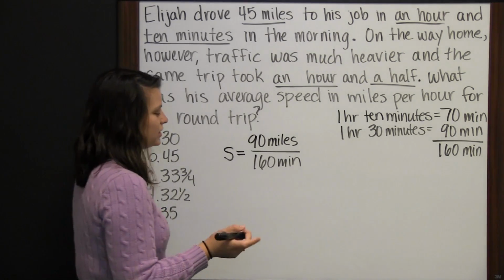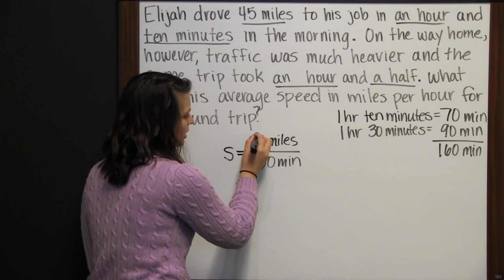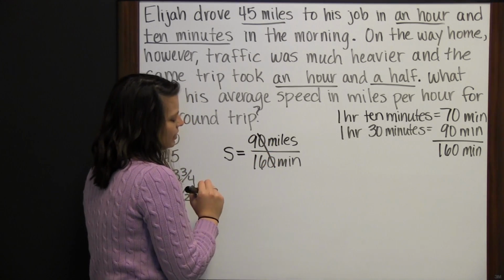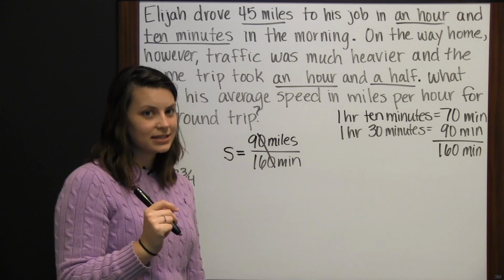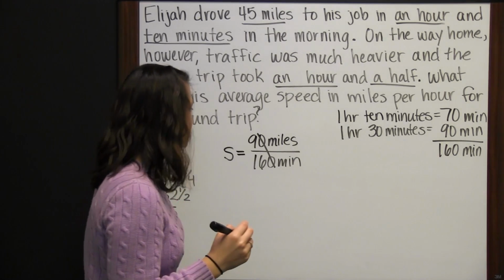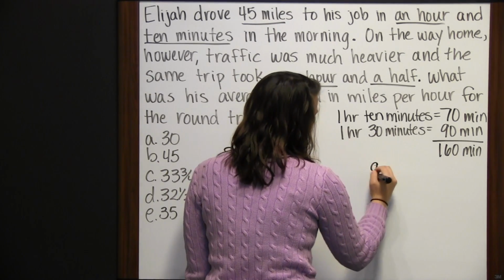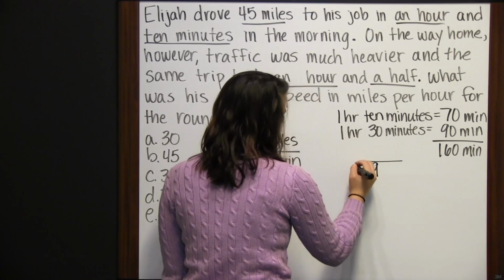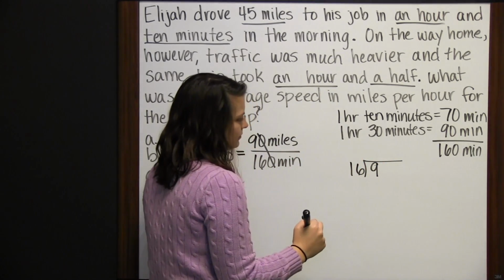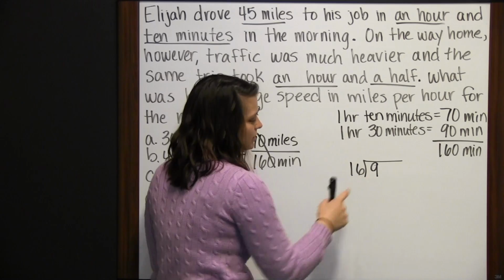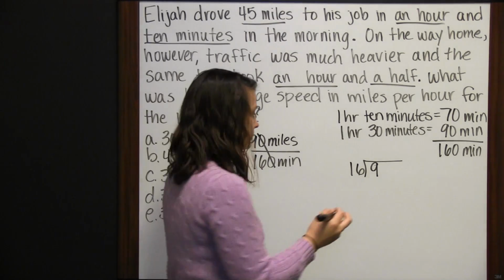Well, the first thing I could do to simplify this is cancel a 0. So now it's just 9 divided by 16, which will be a lot easier to work with. 16 doesn't go into 9 at all.